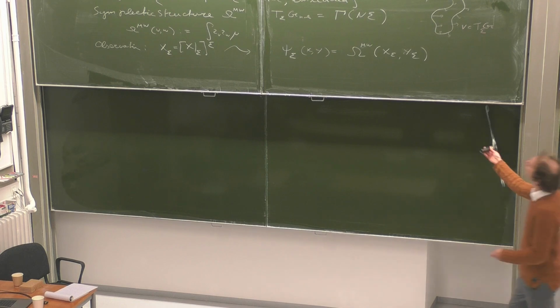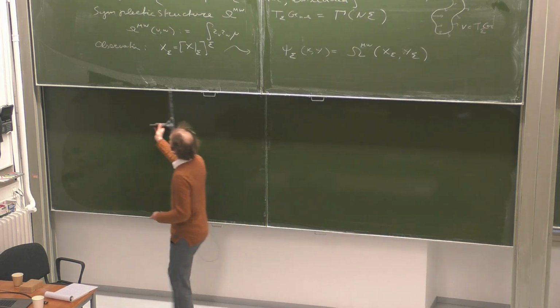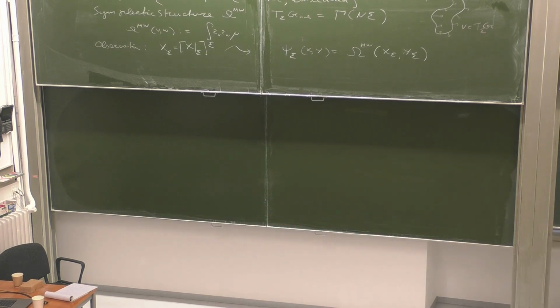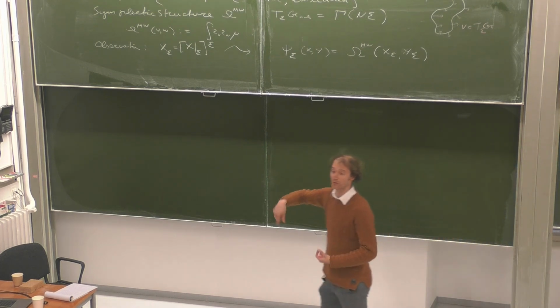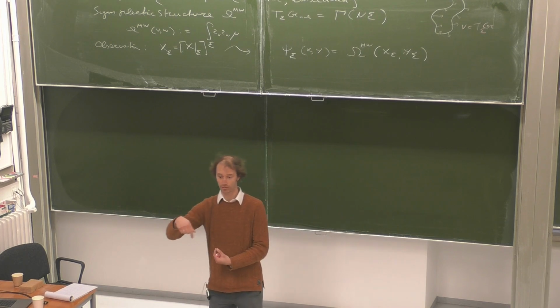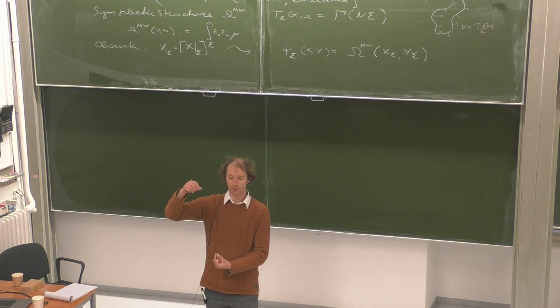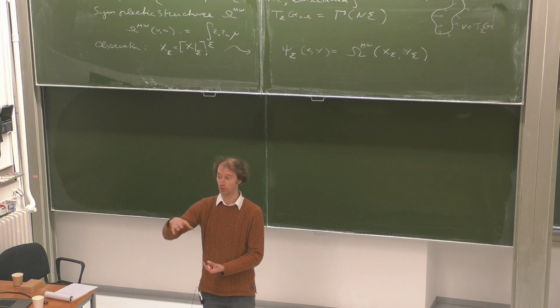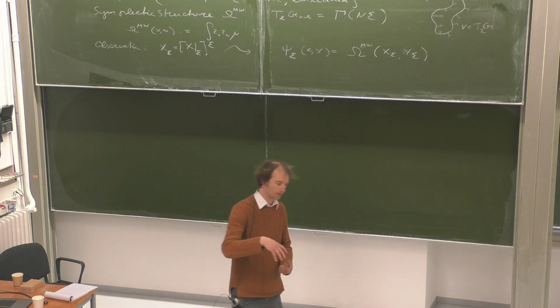I will close quickly and outline the strategy of what one would do. So what one wants to do is choose a pre-quantum line bundle over your Grassmannian. You have an action downstairs by the exact volume preserving diffeomorphisms. And then you want to look at the automorphisms of the pre-quantum line bundle which cover this action downstairs.